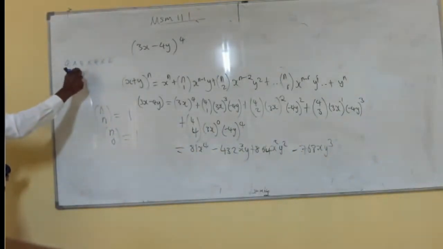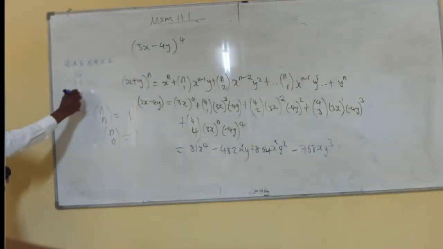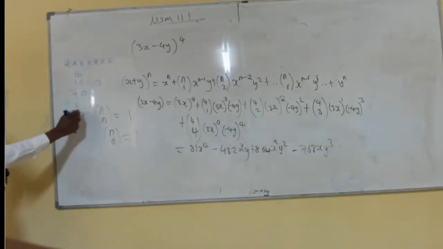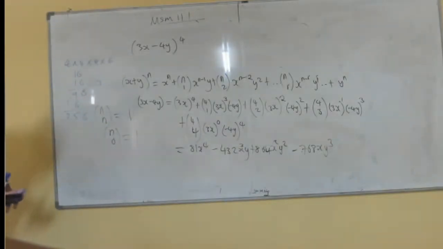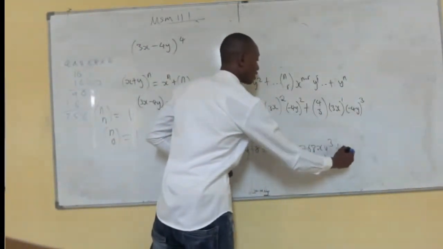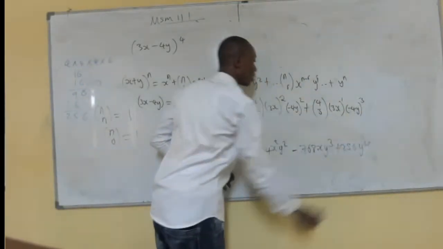So this is 16 by 16, which is 256. Plus 256 y to the power 4.